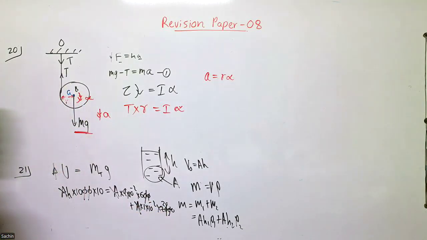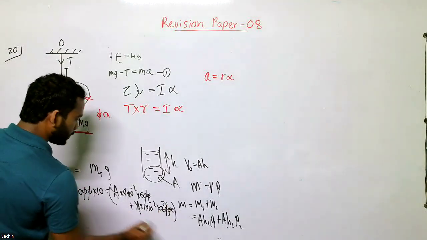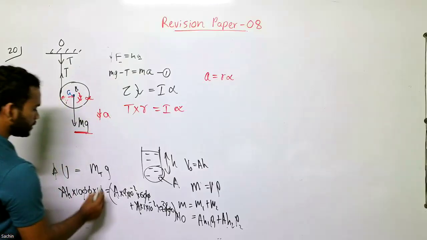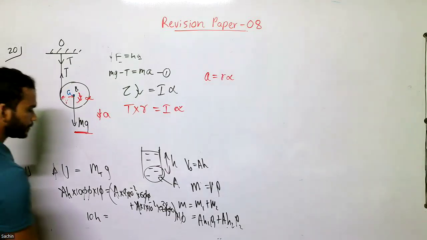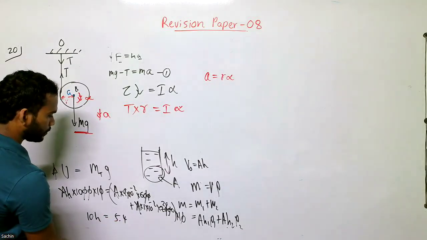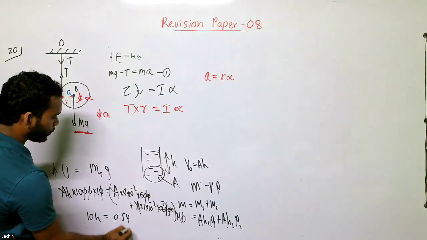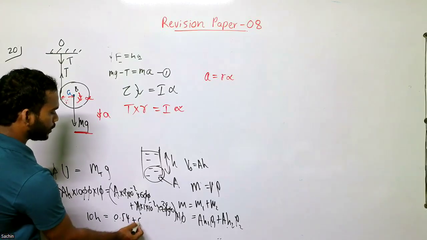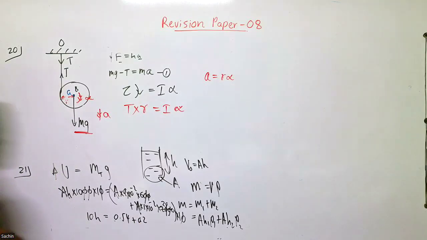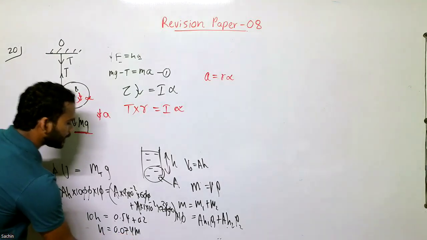Then the 10 also gets cancelled, since I have to put g here. So H equals 0.54 plus 0.2. So H is equal to 0.074. That is the answer I get.